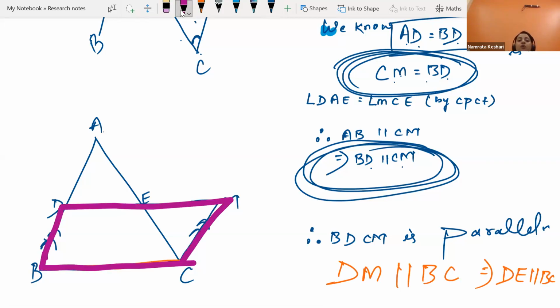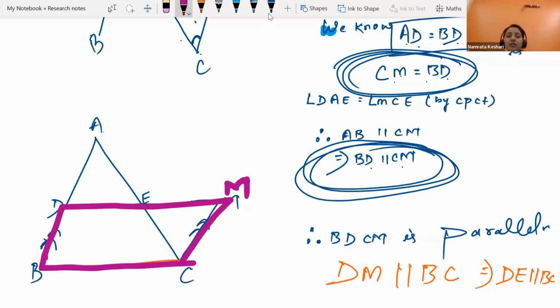Here we were having M, DM and CB are parallel, of course, because we have done the proof that it is a parallelogram. From there we are saying DE and BC are parallel, and the midpoint theorem is proved. Getting it? Yes, ma'am.